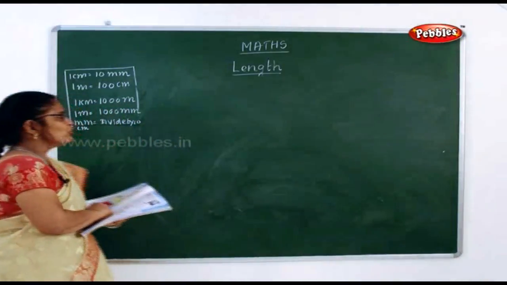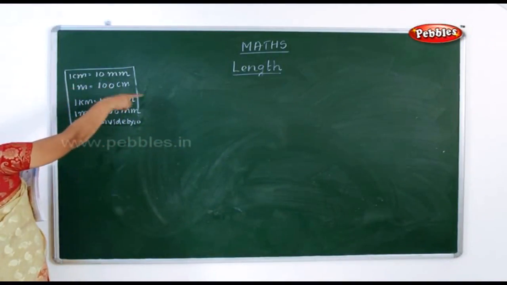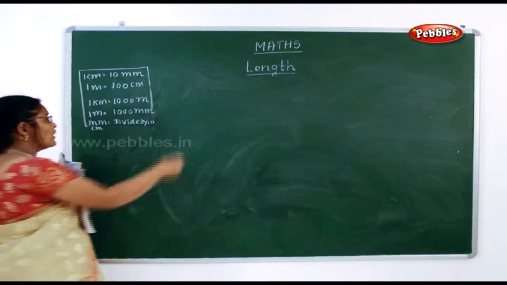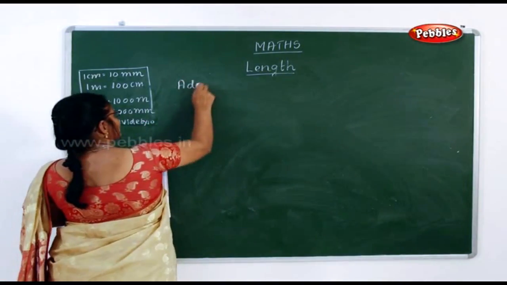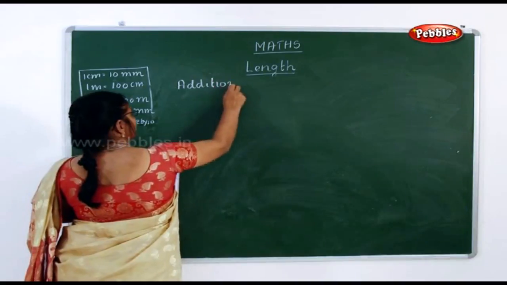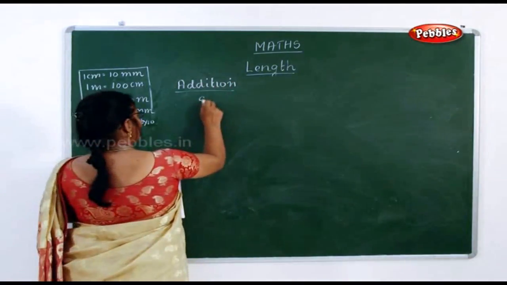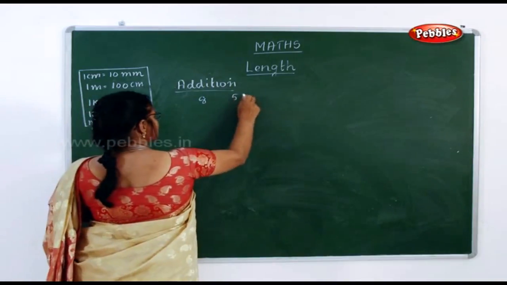Now you were converting centimeter to millimeter, meter into centimeter, all this you are doing. Now addition, you are going to do addition. See, now 8 meter, 50 centimeter.